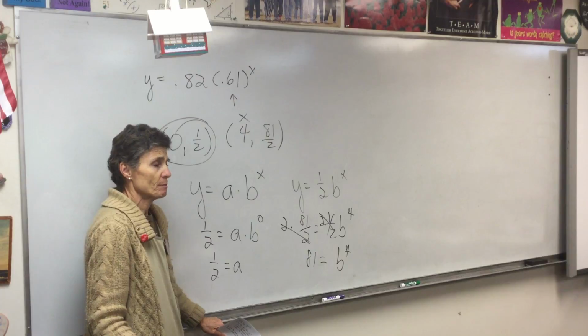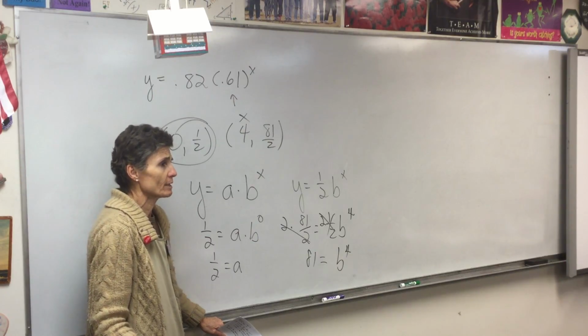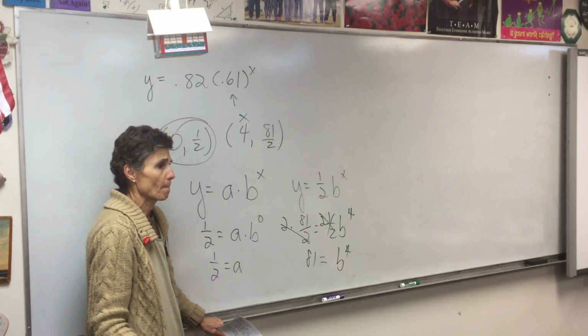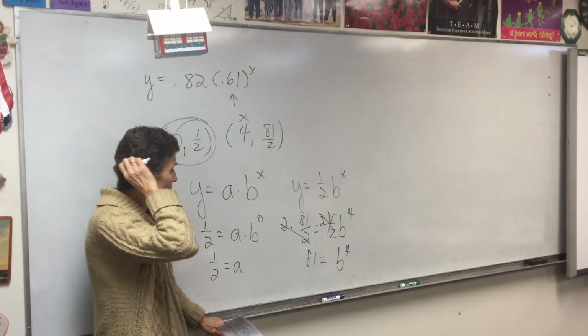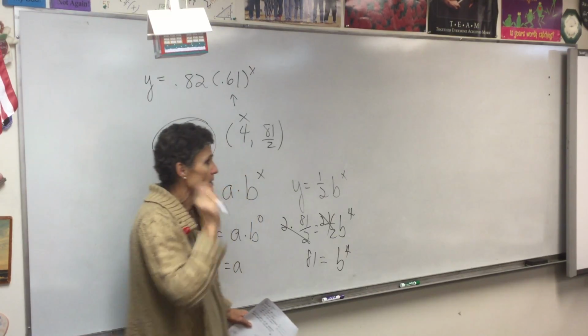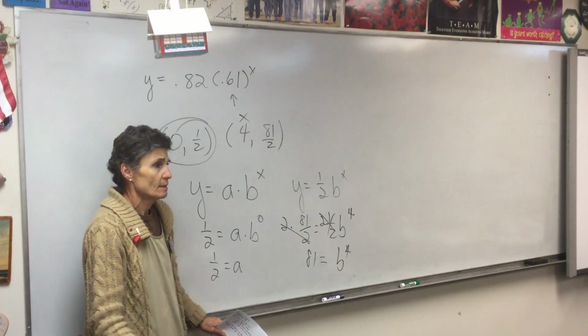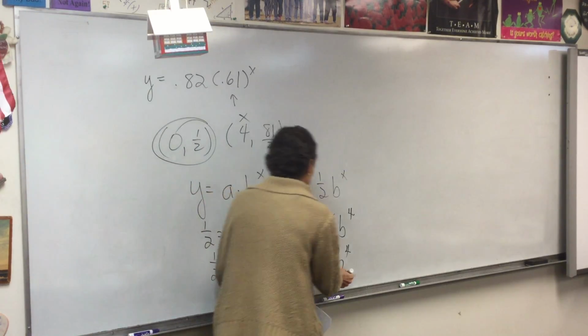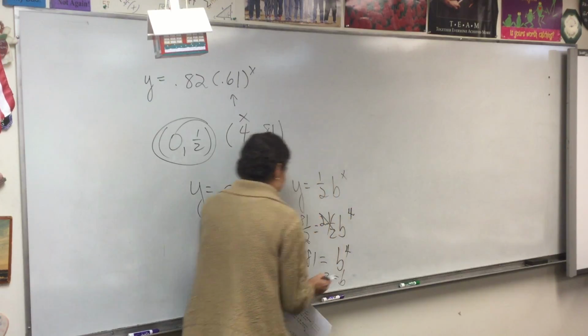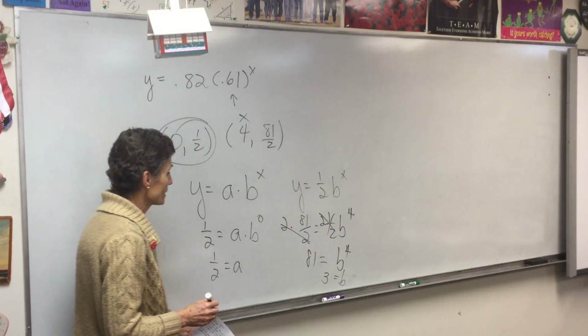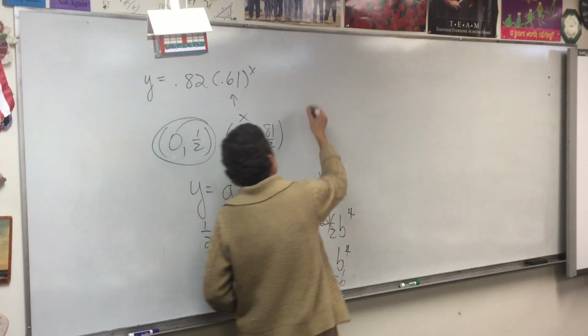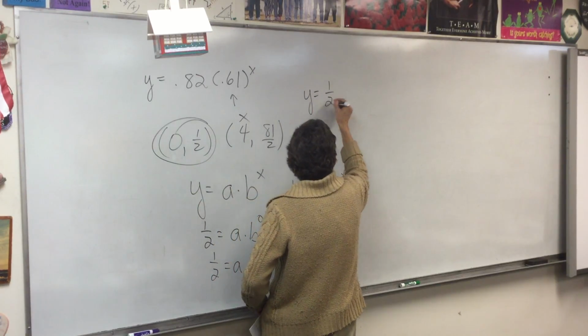What does b have to be if you take it to the 4th power and get 81? It won't be a fraction. It'll be a nice whole number. What times what times what times what? 4 times? 3. So b is 3. Don't get so excited that you forget to write your answer.